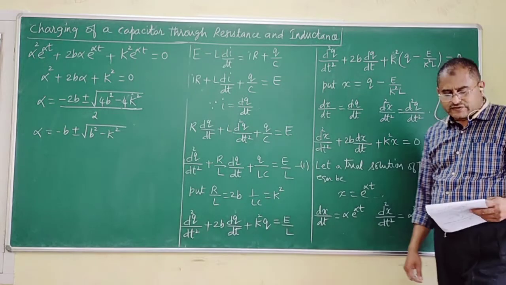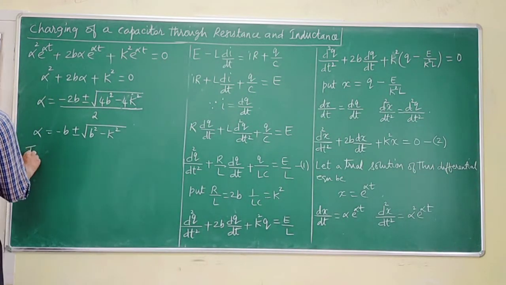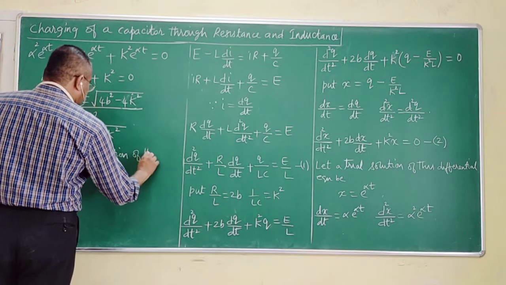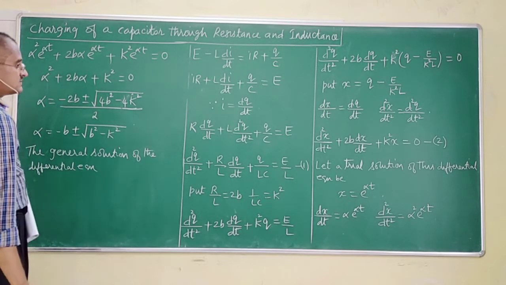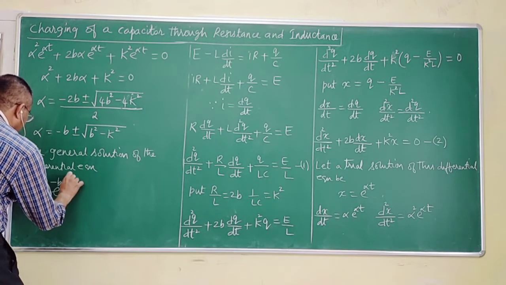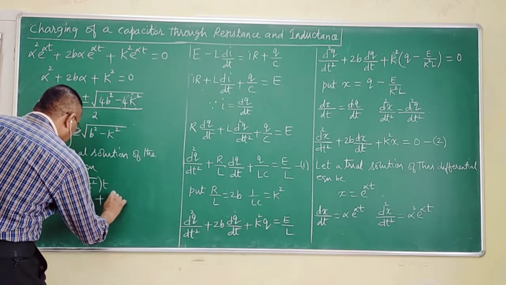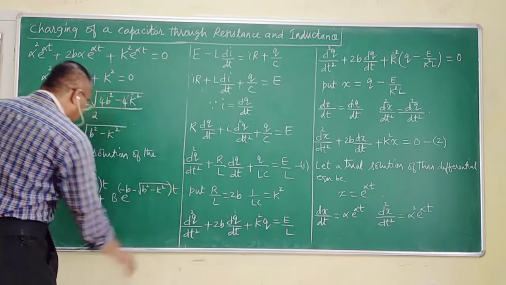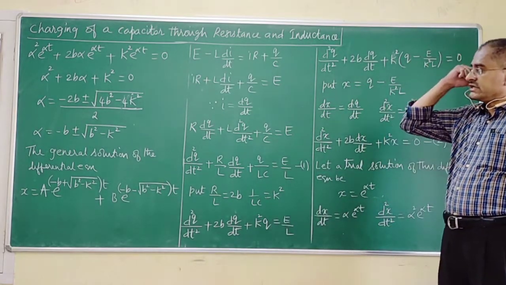Is that okay to you? 2 values of alpha, and therefore the general solution of the differential equation, this must be in x, am I right? x is equal to A e power minus b plus root of b squared minus k squared into t, plus B into e power minus b minus root of b squared minus k squared into t, where A and B are 2 arbitrary constants to be determined using suitable boundary conditions.